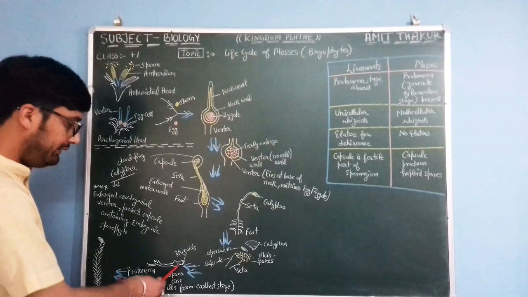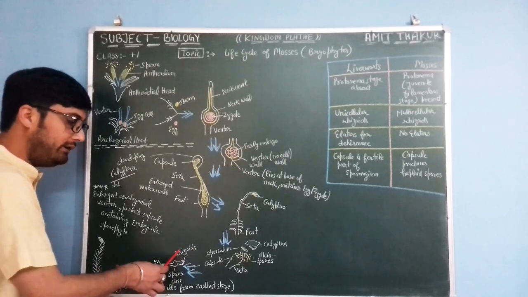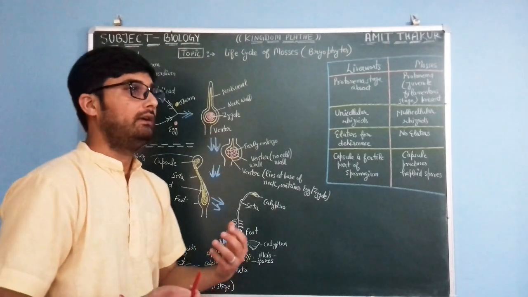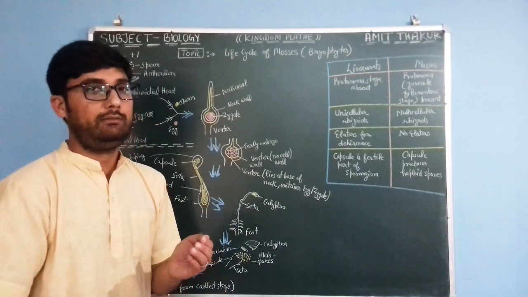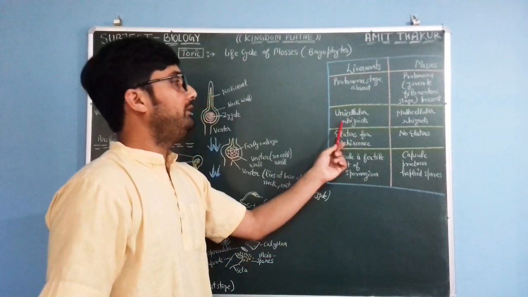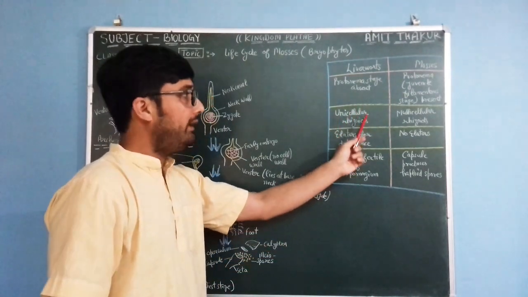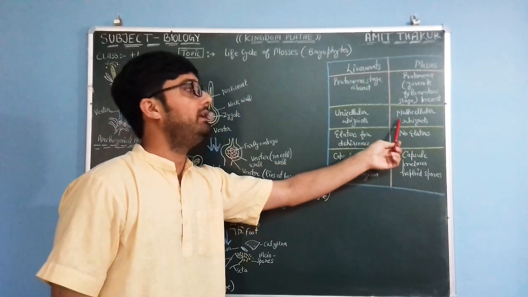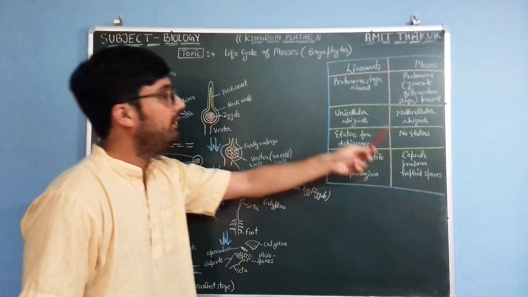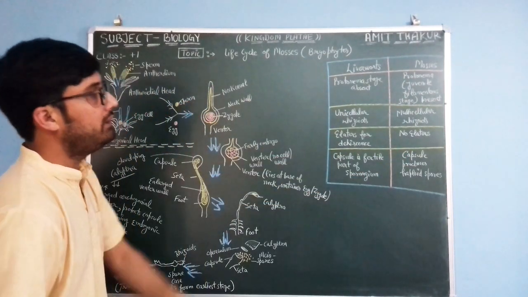These are rhizoids. These are developing rhizoids, and actually they function as a hook to the substratum. In case of liverworts, these rhizoids are unicellular, but in case of mosses, they are multicellular. So multicellular rhizoids in case of mosses, and unicellular rhizoids in case of liverworts.